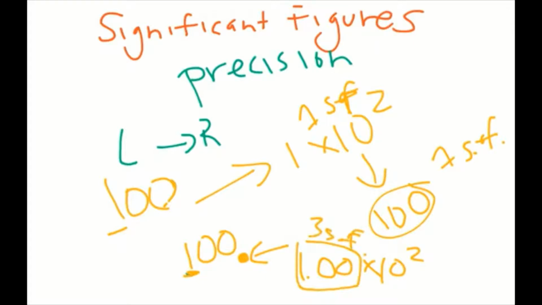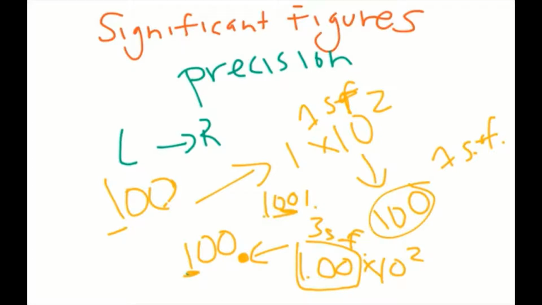So, now that we got rid of the left-sided and right-sided zeros, what about the zeros in the middle? Well, if we have something like 1001, we're going to count the zeros in between 2 non-zero numbers.